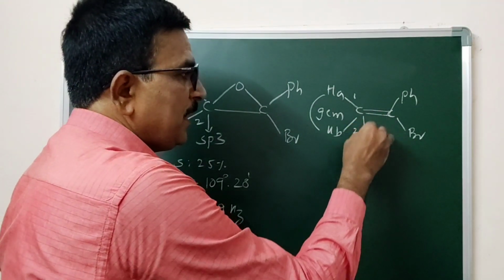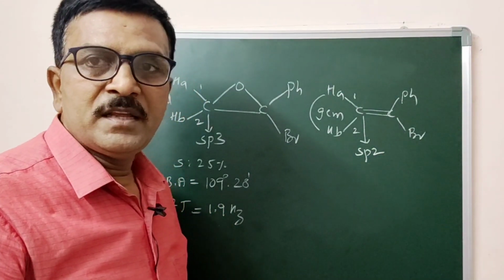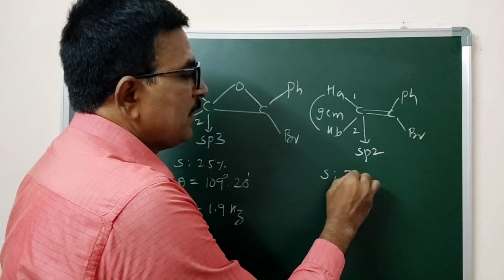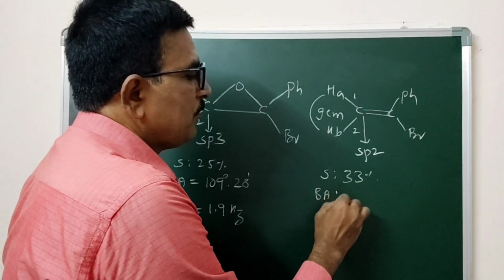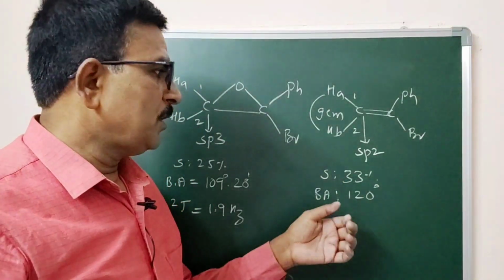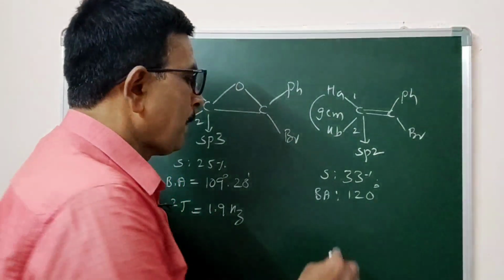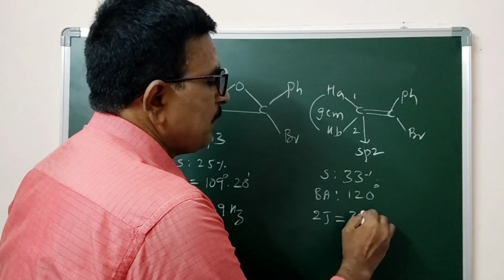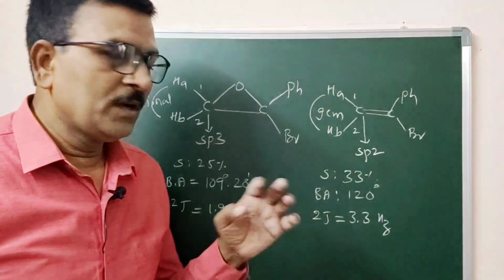This carbon's hybridization is sp2, where we know the S character is 33% and the bond angle is 120 degrees. Here 2J is equal to 3.3 Hz.